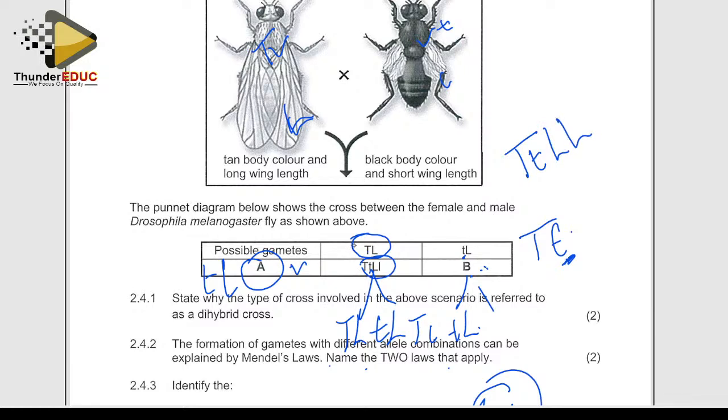Remember, they say white and long. So that is capital letter T, small letter t, capital letter T, small letter t. And then capital letter L, small l, and then it gives that. But because it is a genotype, we don't circle them and we don't leave space.